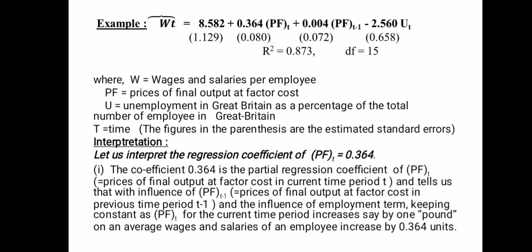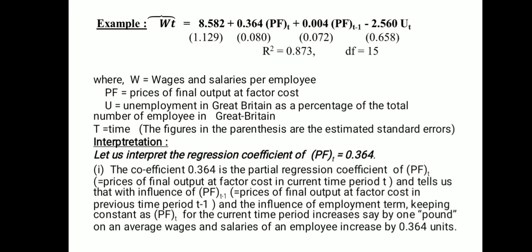That is, 1.129 is the standard error of the constant term 8.582. Similarly, 0.080 is the standard error of the regression coefficient beta 2, that is 0.364.